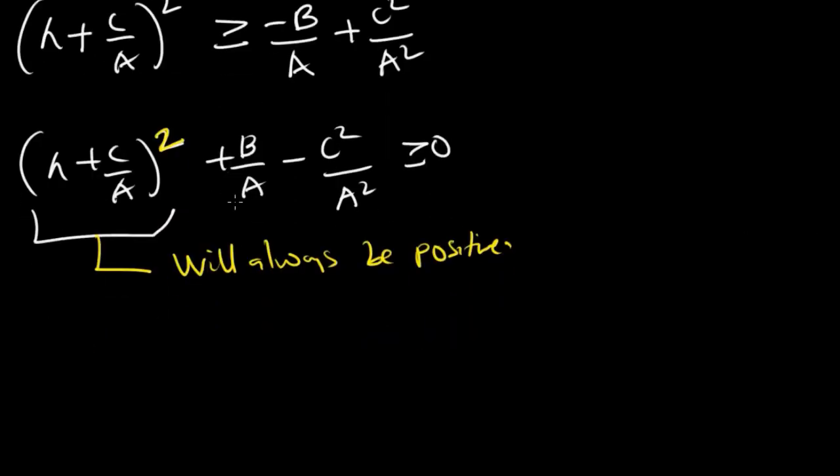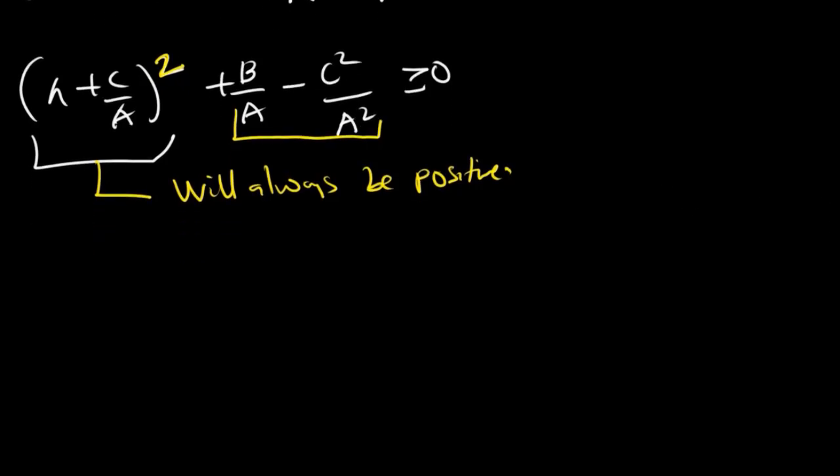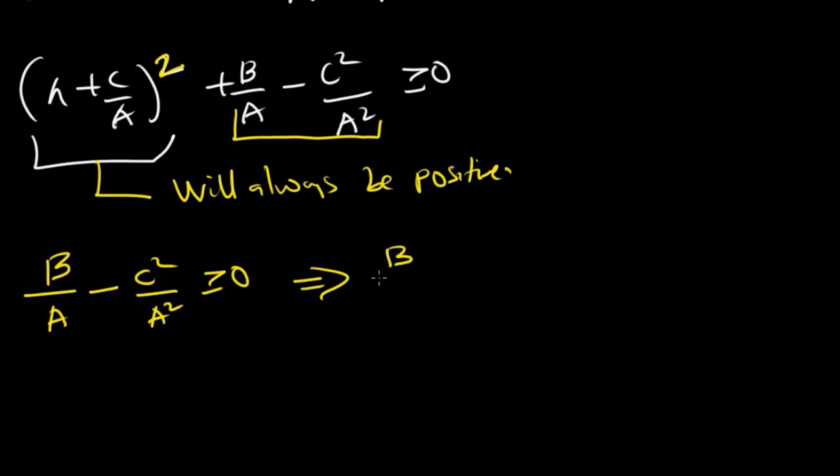But for this expression to be positive, we need B over A minus C squared over A squared to be greater than or equal to 0, so this is simply writing B over A is greater than or equal to C squared over A squared.